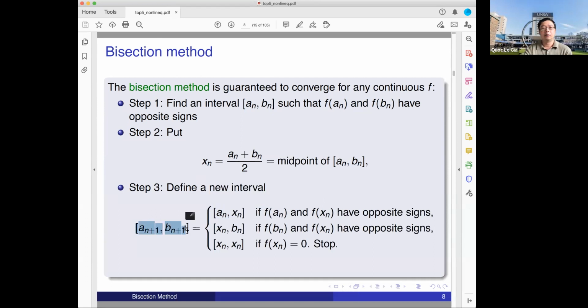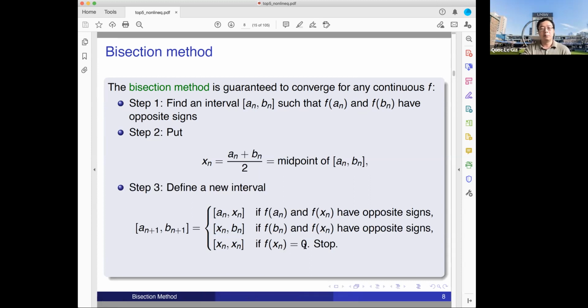It could be the left interval or it could be the right interval. Xn, bn have opposite signs, then you choose this as your new interval. And then if f(xn) equals 0, then stop. But more practically, you just say that the absolute value of f(xn) is less than some epsilon.